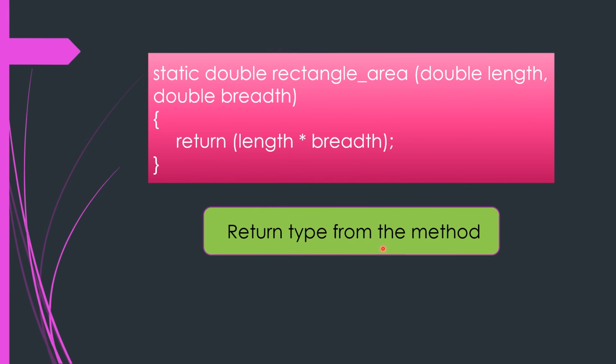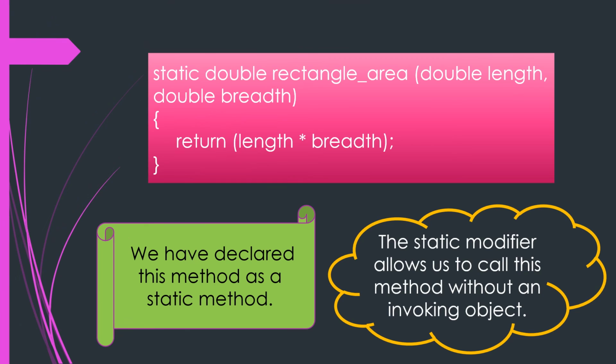The return type from the method is type double. As we discussed, this return statement will return a specific value. So basically this value is the rectangle area, length multiply breadth. It is the rectangle area and its type is double.